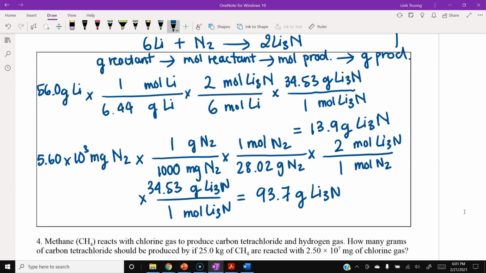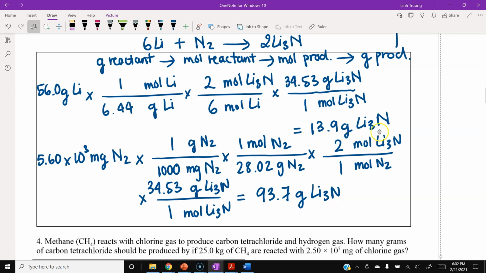Now you have 2 different numbers answering the same question: 13.9 gram of lithium nitride, and 93.7 gram of lithium nitride. Your final answer, the one you should box, is the smaller number, because the limiting reactant limits the amount of product you get at the end.